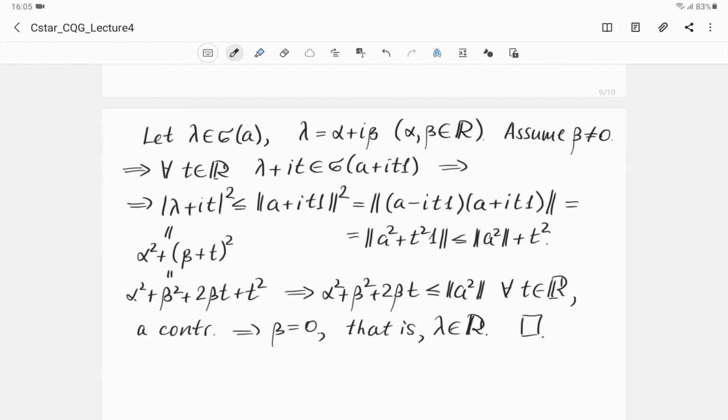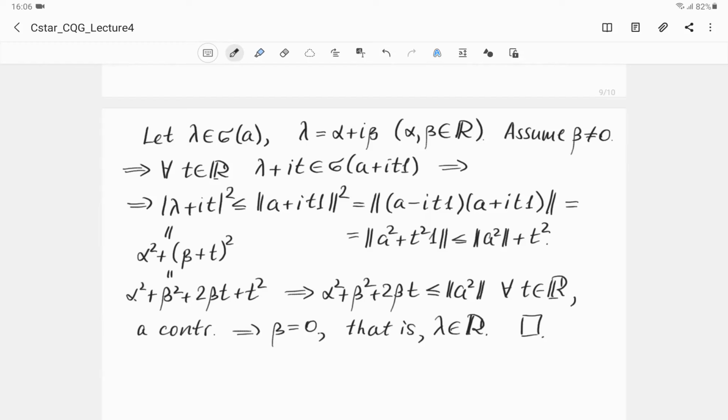Okay, I see that it's time to finish. Unfortunately, I had no time to prove the Gelfand-Naimark theorem. So at the next lecture, we deduce some corollaries of this result, of the fact that the spectrum of a self-adjoint element is real, and we prove the commutative Gelfand-Naimark theorem, which states that for each commutative C-star algebra, the Gelfand transform is an isometric star isomorphism of A onto C0 on the maximal spectrum.